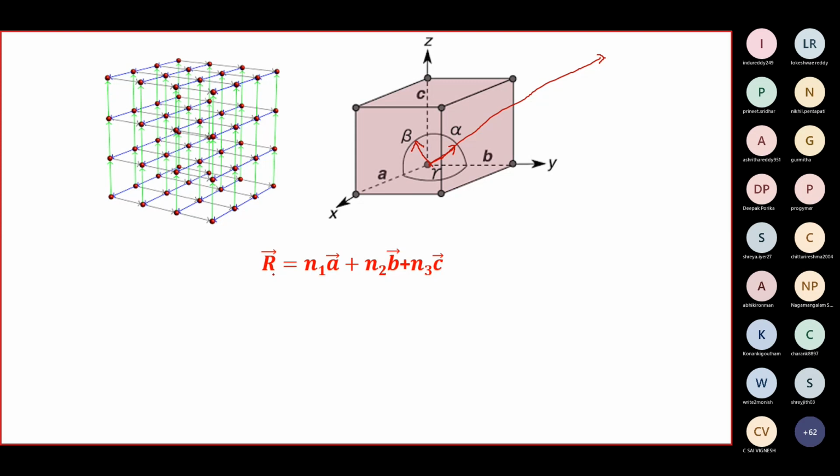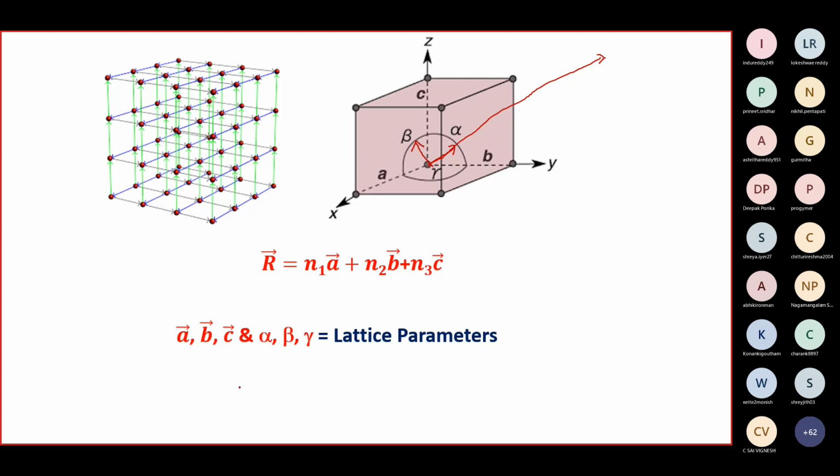That is given by the vector R, from the origin to that lattice point, equal to N1A plus N2B plus N3C.